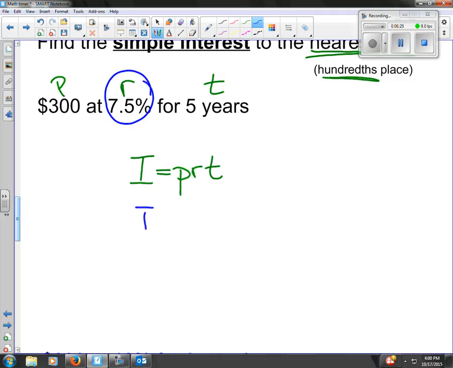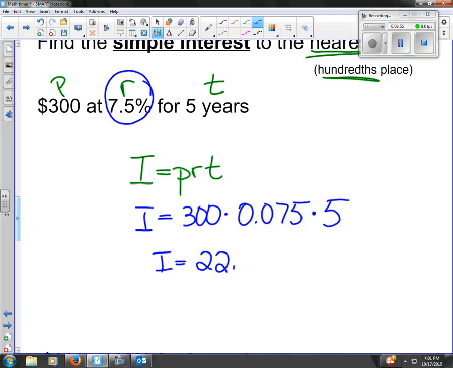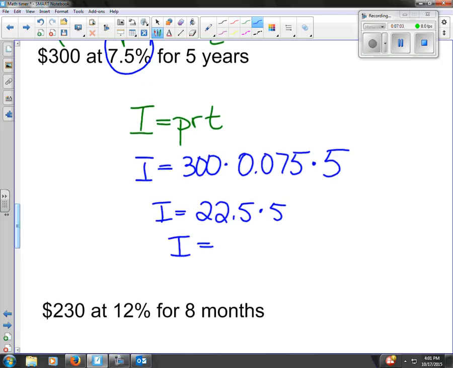So I equals your principal, $300, times your rate, which is 0.075, times 5 years. You can do this all at once, but I'm just showing you so you can see it works. 300 times 0.075 gives you 22.5, times 5, and you get the interest is $11.25.